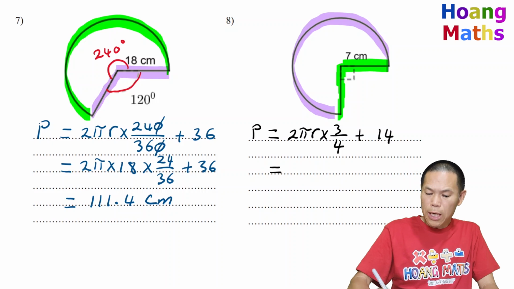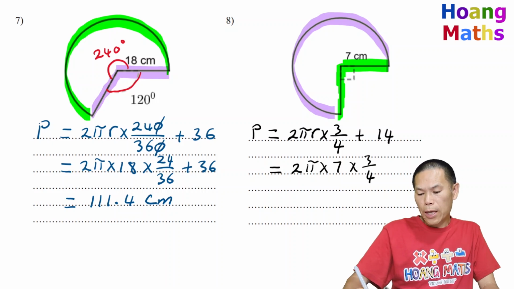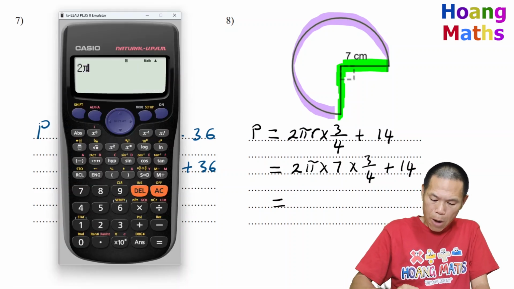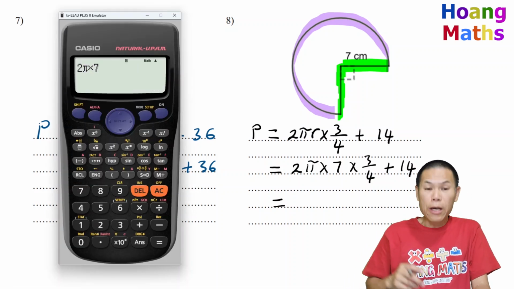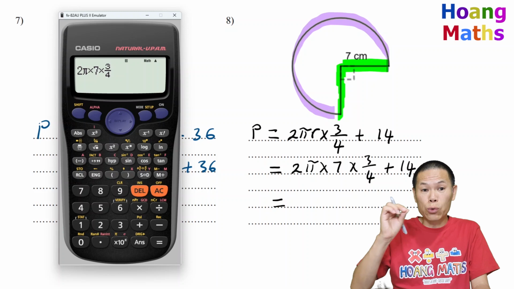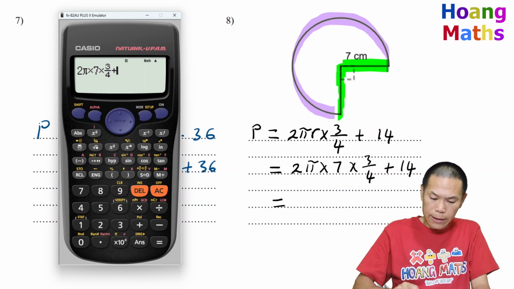So that will give me 2 pi times the radius, that is 7, and we times 3/4. And we add 14. So I just go 2 pi times 7, because 7 is the radius, and times 3/4. Or of course, you can type 270 out of 360, okay? Then we need to add 14.